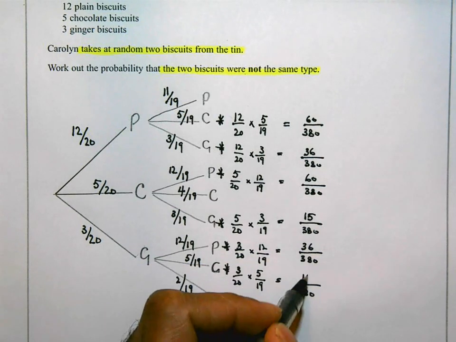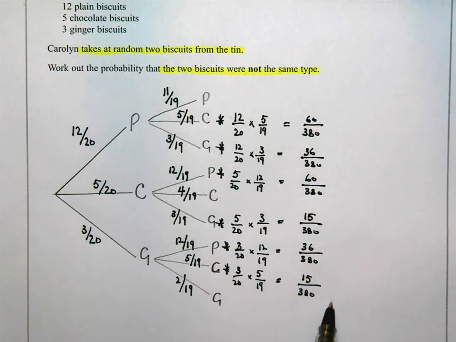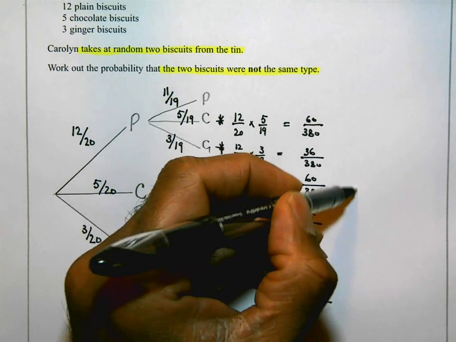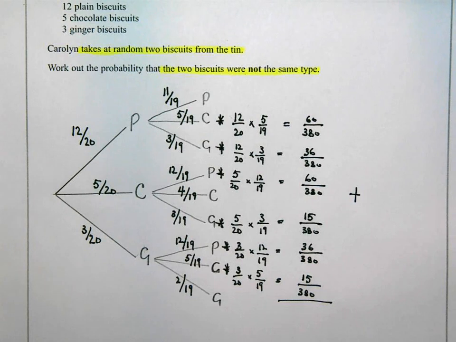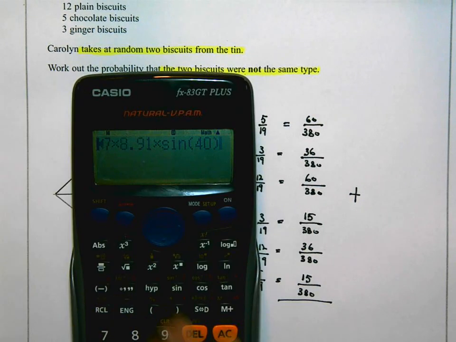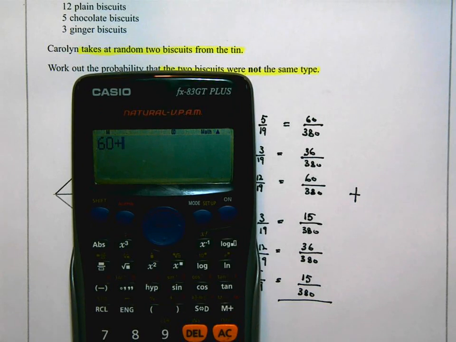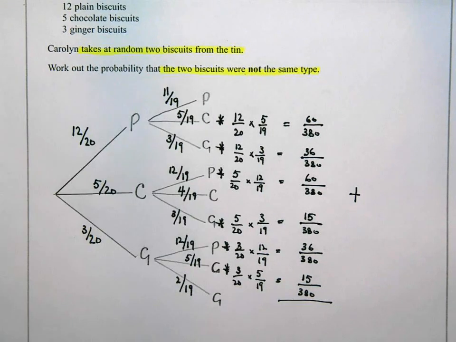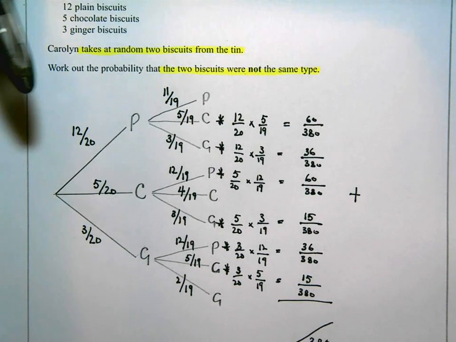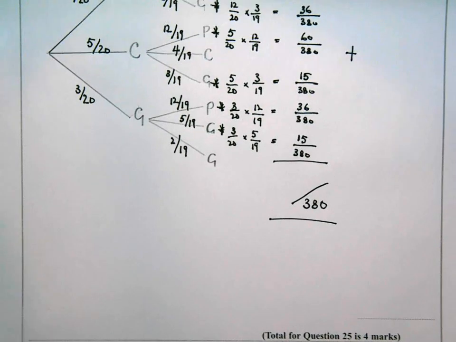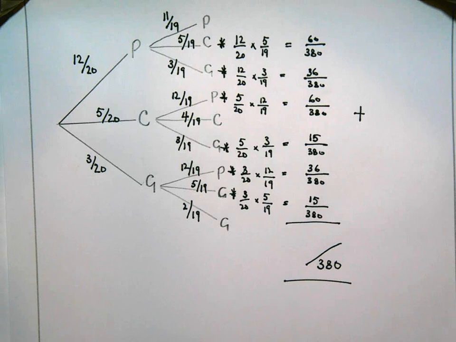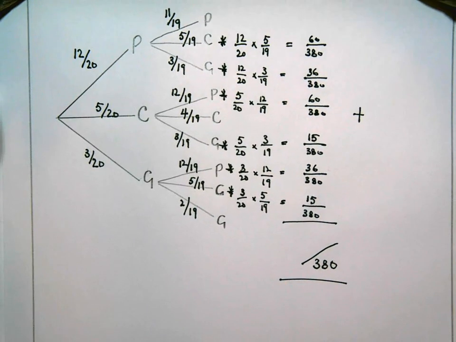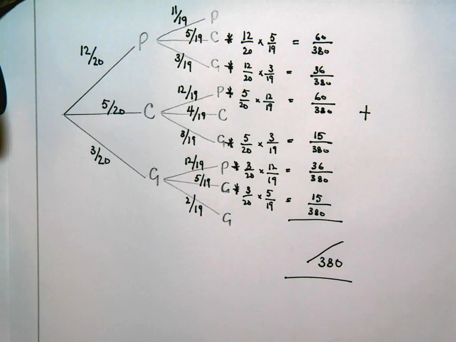Now, if I need to add all of these fractions, I'm just going to add the numerators, the numbers at the top. Before I do that, because all these fractions are out of 380, I know my answer is going to be some value out of 380.